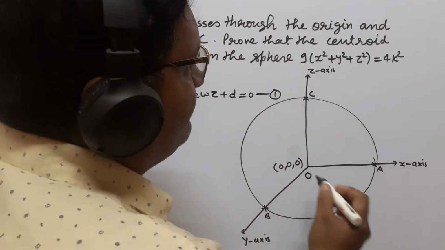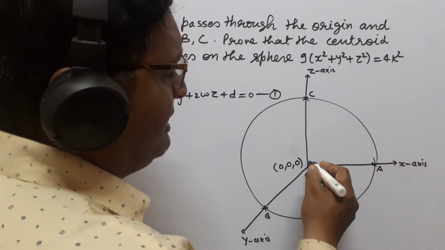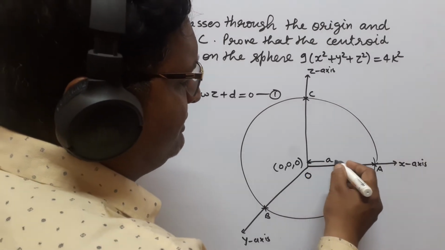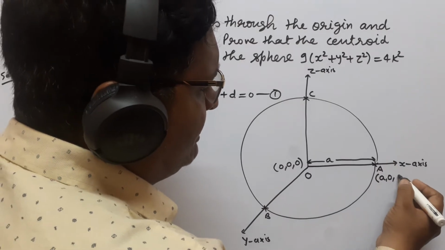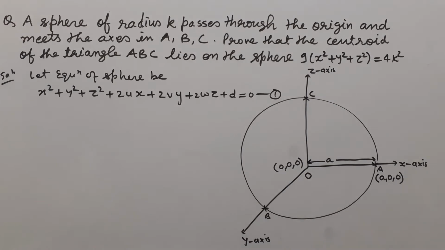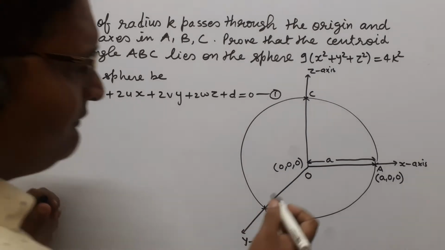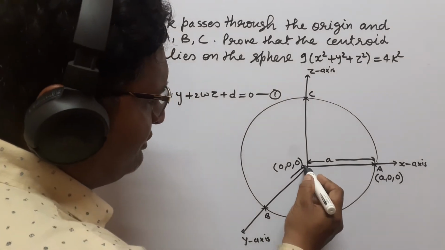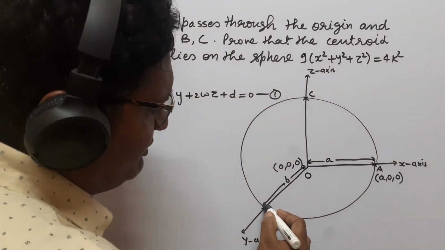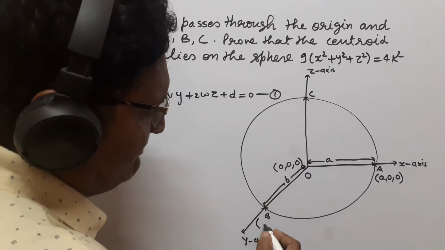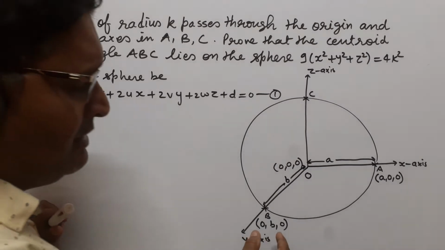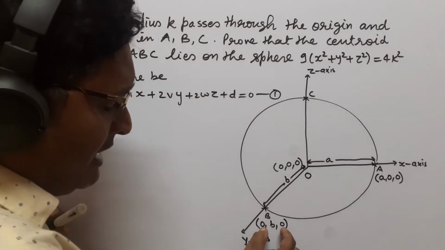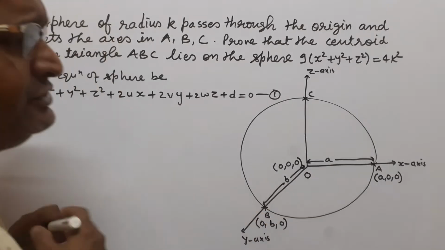We know that the coordinate of the origin is 0, 0, 0. Since this sphere meets the x-axis at A point, suppose that the distance is small a. So coordinate of this point capital A is a, 0, 0 because on x-axis y and z are 0. We suppose OB is equal to b. So the coordinate of B point are 0, b, 0 because in y axis coordinates of x and z are 0.